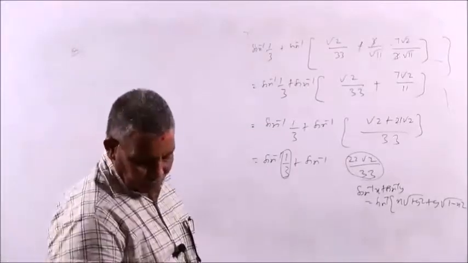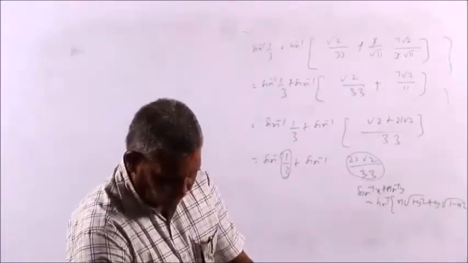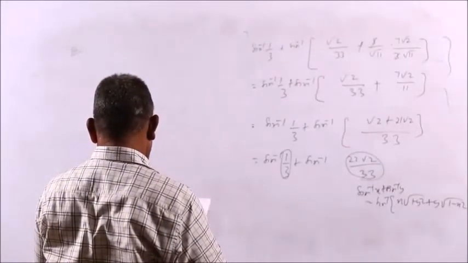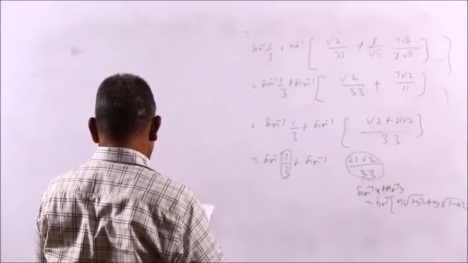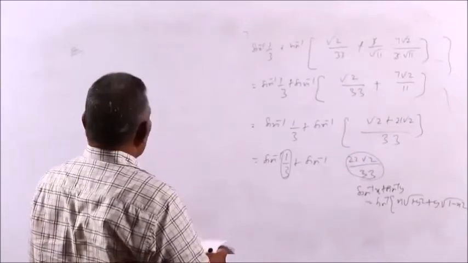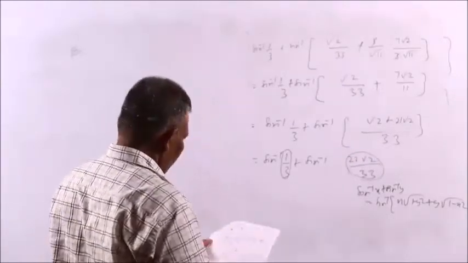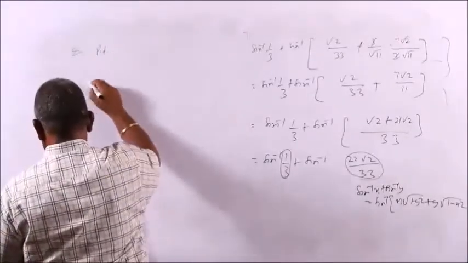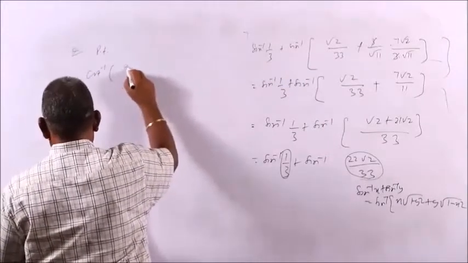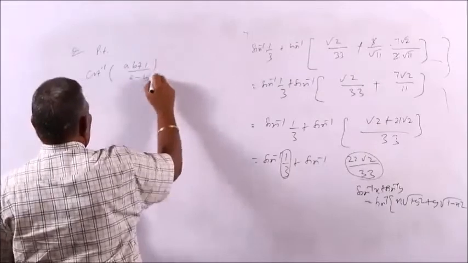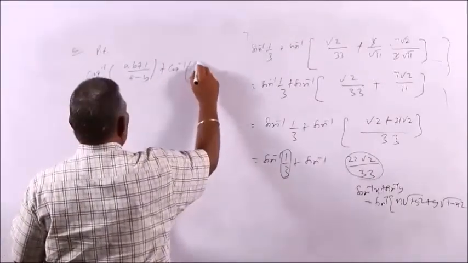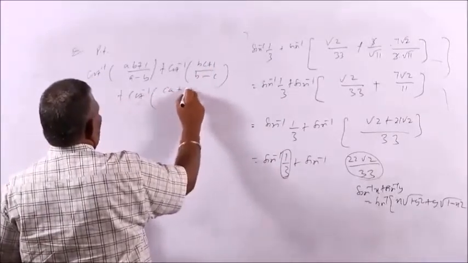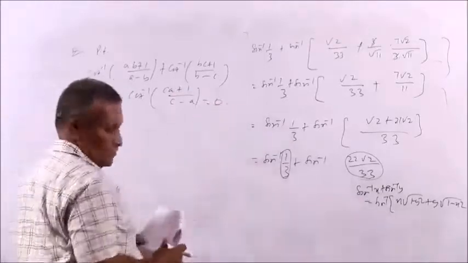Let us solve another problem. Prove that cot inverse AB plus 1 by A minus B plus cot inverse BC plus 1 by B minus C plus cot inverse CA plus 1 by C minus A equal to 0.